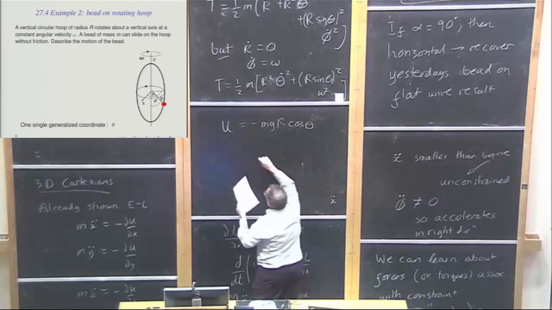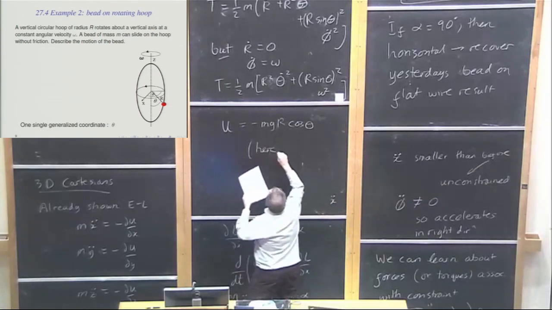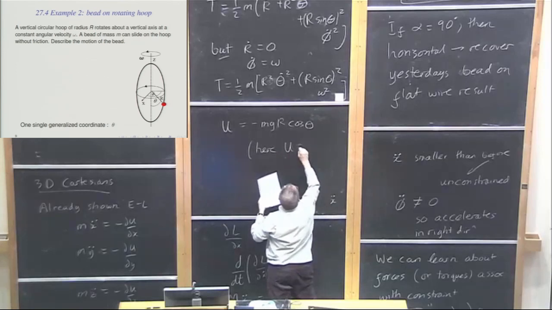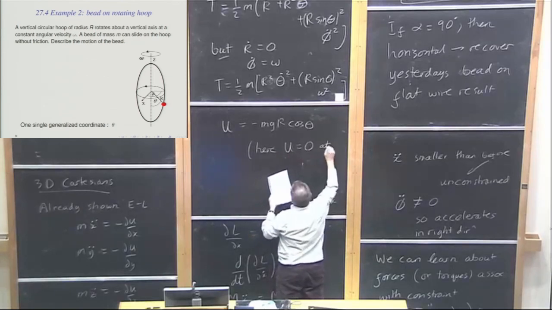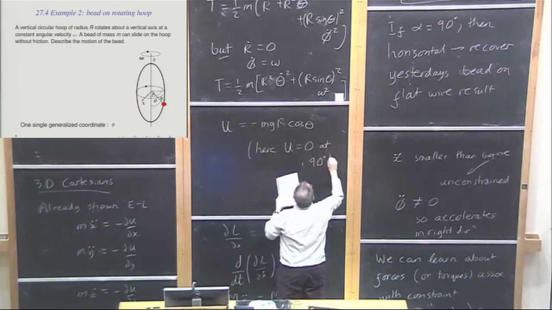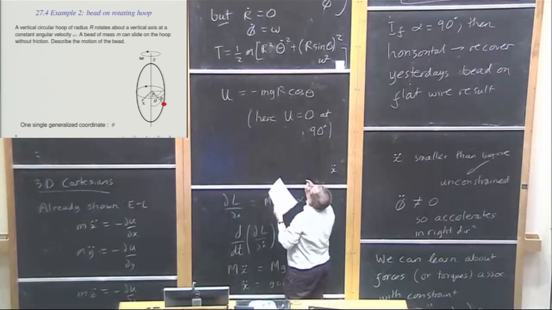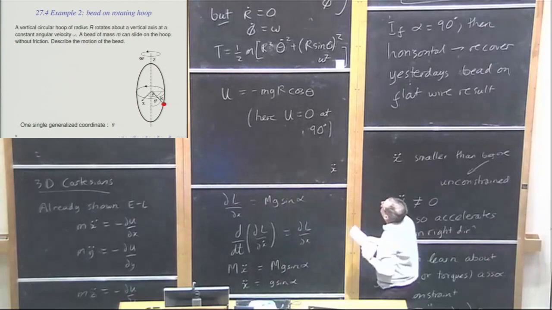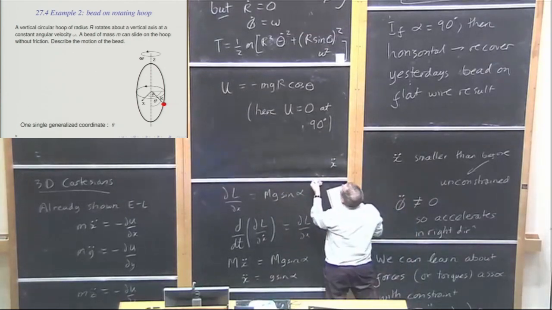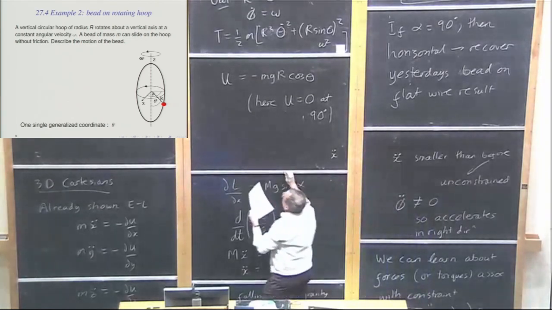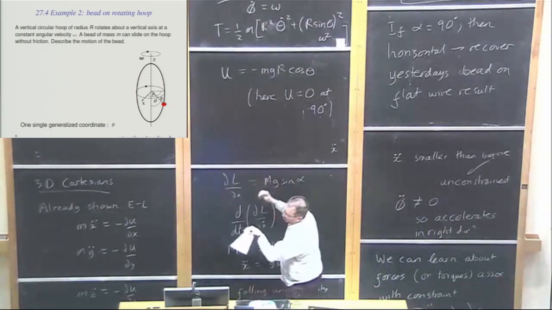So here you see this vanishes when theta is at 90 degrees. Above 90 degrees it will be positive, below 90 degrees it will be negative. And we just clearly have one single generalized coordinate, theta.